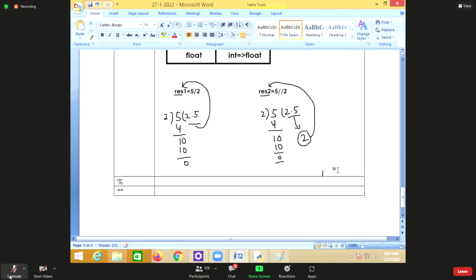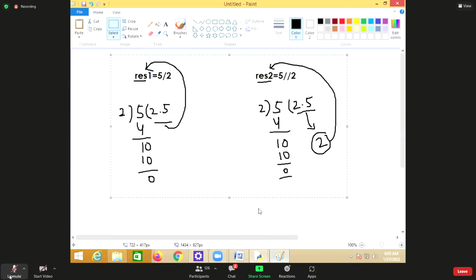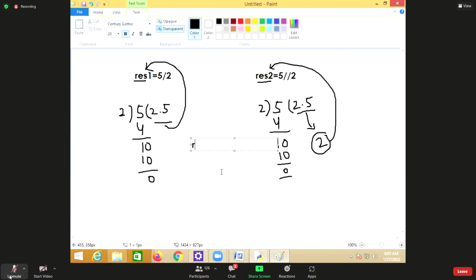What will happen if the numerator or denominator is float type? Anything. For example, result 3 equals 5.0 divided by 2.